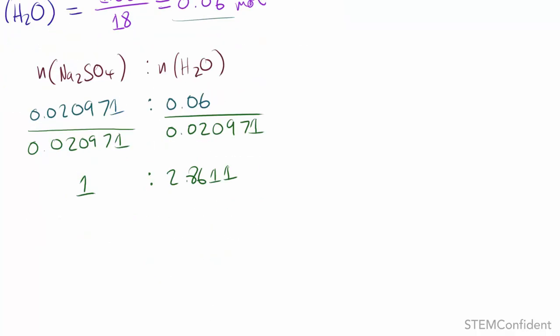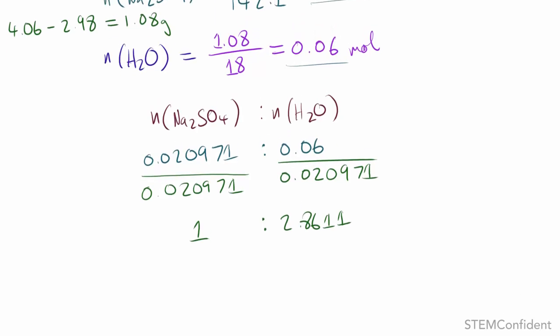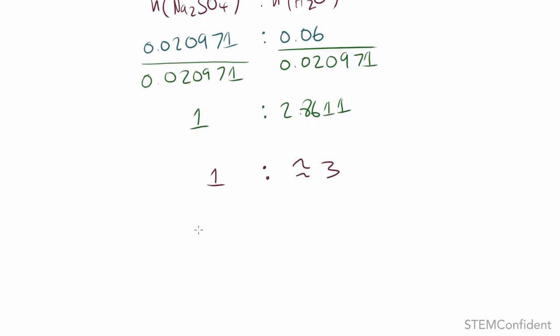Now we're looking for an integer value. 2.8611 is not an integer, so we need to round that to the closest integer value, which in this case means rounding it up to 3. So the 1 is in the ratio of approximately 3, and therefore X is equal to 3.